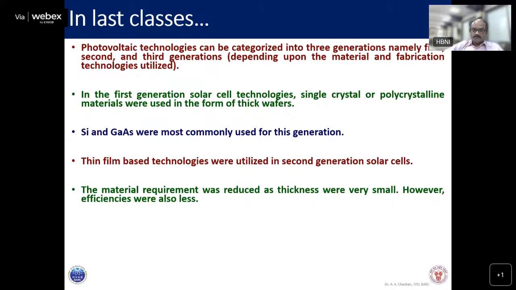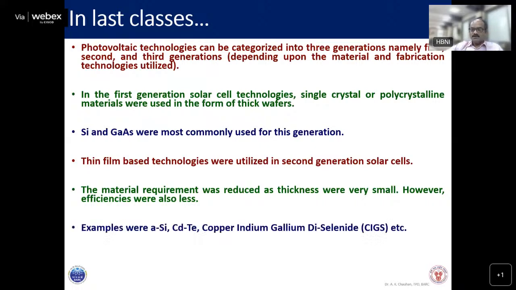You require very little material, so consumption of material was reduced in these solar cells, but efficiency was also less. Amorphous silicon, cadmium telluride, CIGS, etc. were the important solar cells of the thin film solar cell category. And these devices generally have a PIN structure.